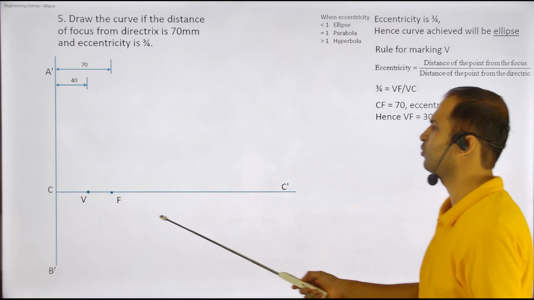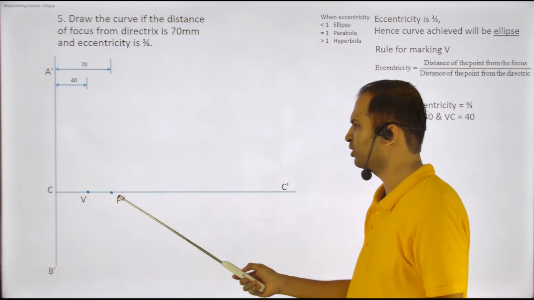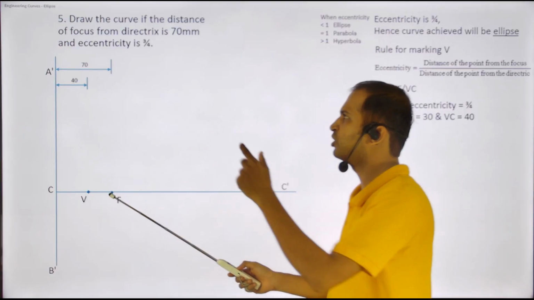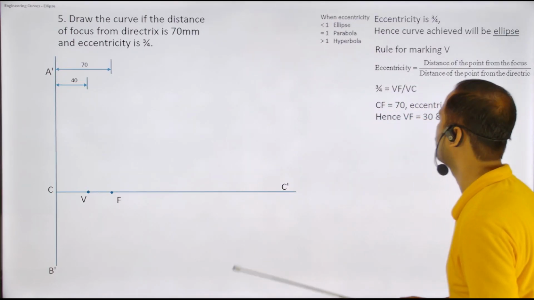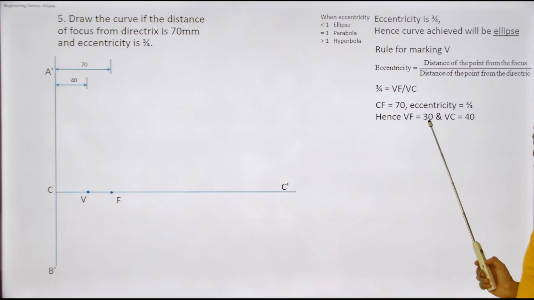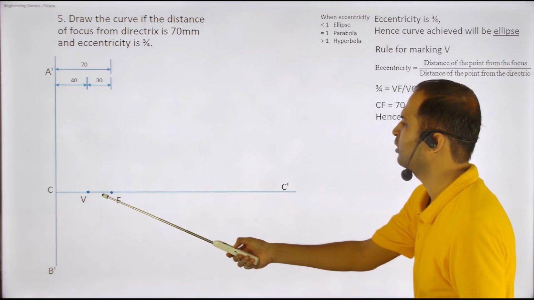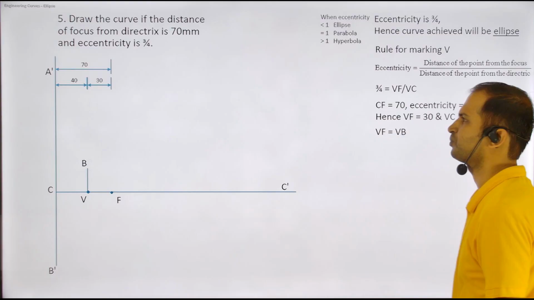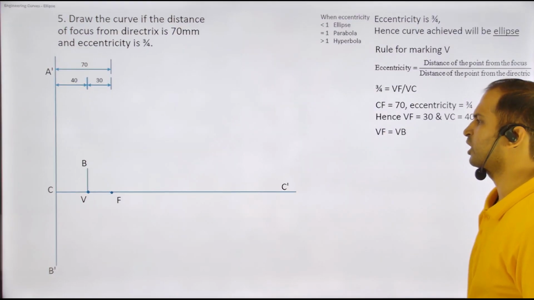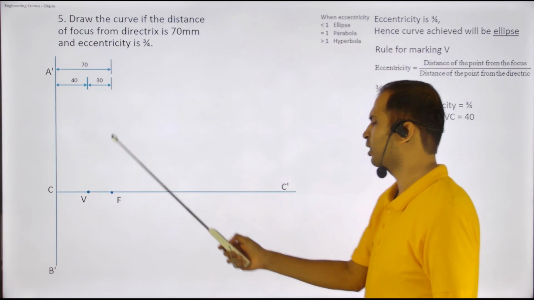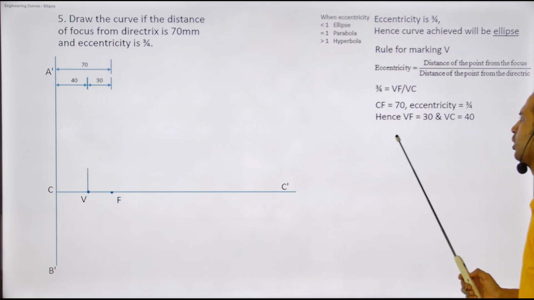So I'm going to mark point V over here. VF is going to be the 3rd part of the 70 and VC the 4th part of the 70. So VF is 30, VC is 40. Then I do the same thing: I take a projection upwards. For the ellipse, the projection is upward.